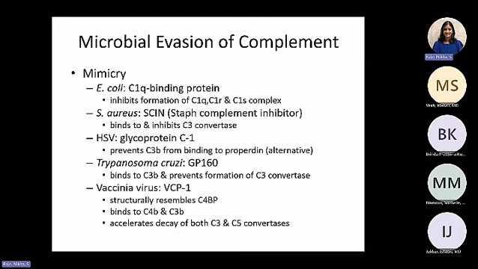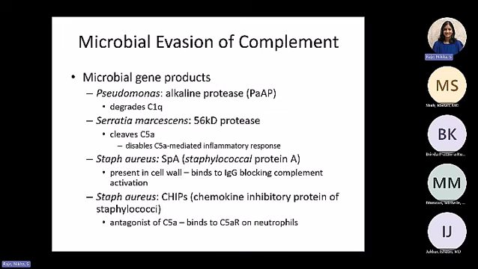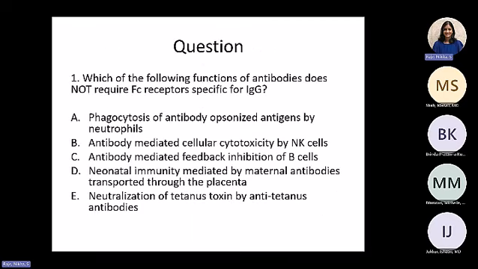Trypanosoma can bind to C3b and prevent formation of C3 convertase, and vaccinia virus can resemble C4b binding protein, binds to C4b and C3b and accelerates the decay of C3, C5. So on and so forth. There are various proteins in various microbes that can bind and evade complement.